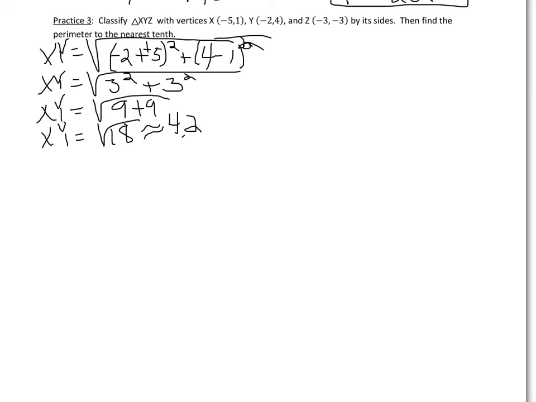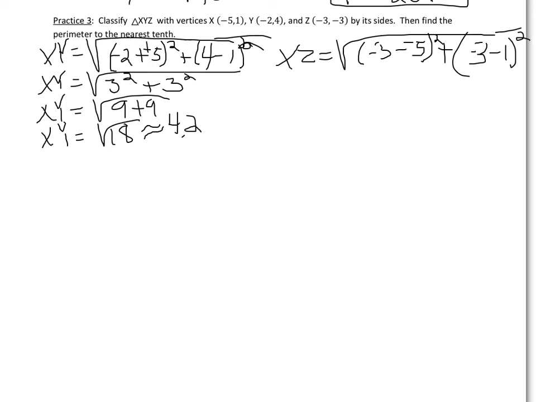Now let's pair X and Z. We're going to do the square root of negative 3 minus the x of point X, which is negative 5, and we're going to square that, plus negative 3 minus 1, and we're going to square that.